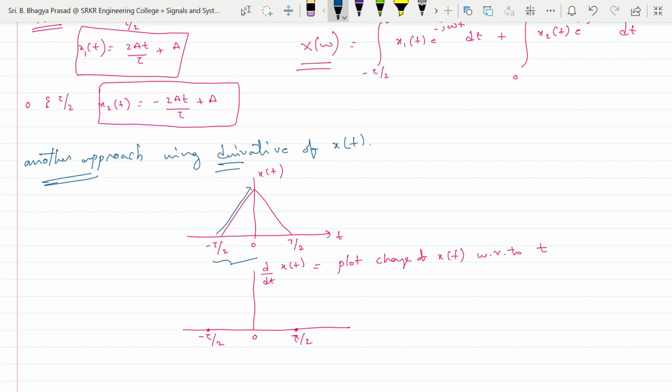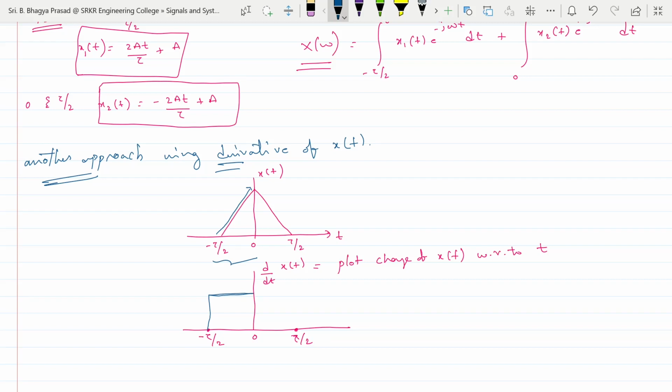Since you are mentioning the change, that is the slope.